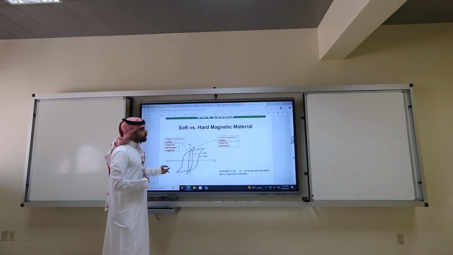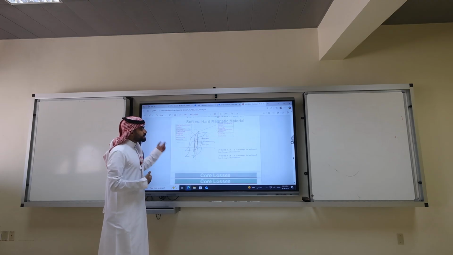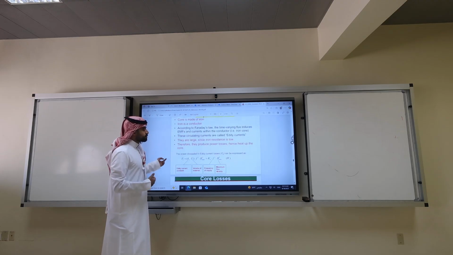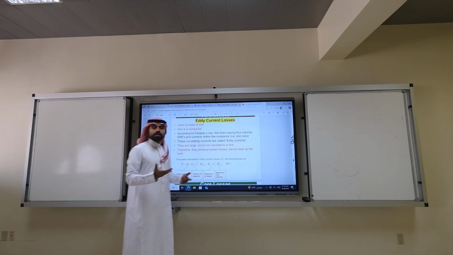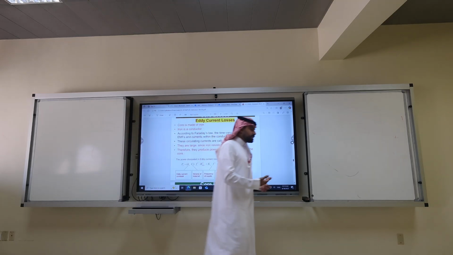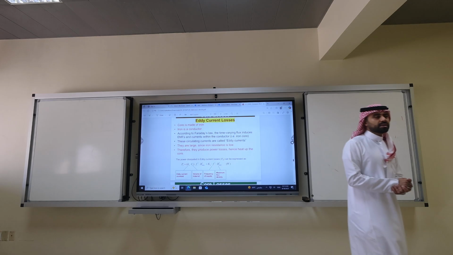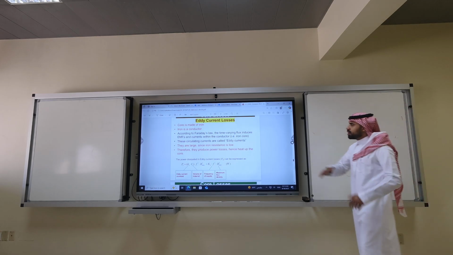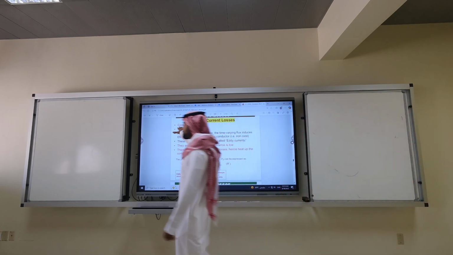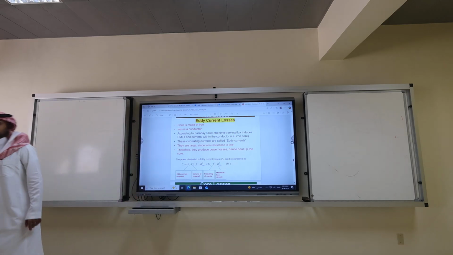So last time we talked about the hysteresis. I told you hysteresis comes as a form of heat. So same story for an eddy current, it also comes as heat. We all know that the core is made of iron.